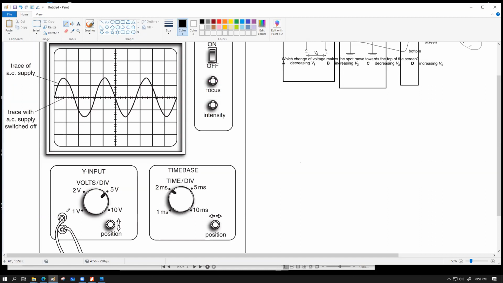And then when we turn on the time base, we can see that this entire thing is now showing up as a sine curve. The external variation of the signal, which is the AC supply, causes the trace to move up and down.